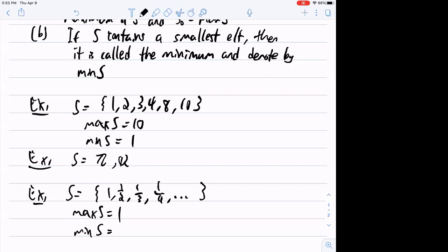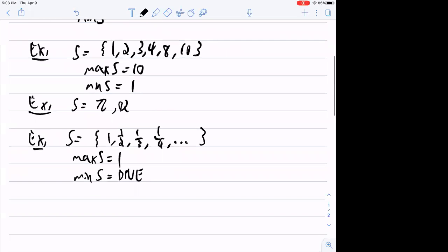The set contains numbers going to 0, but not 0 itself. So the min does not exist. So basically we want the notion of a lower bound.